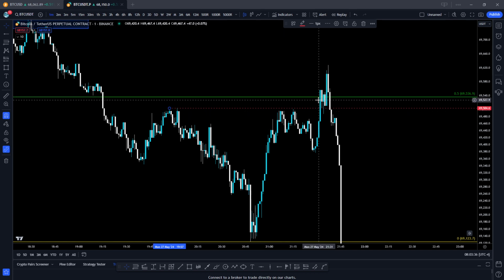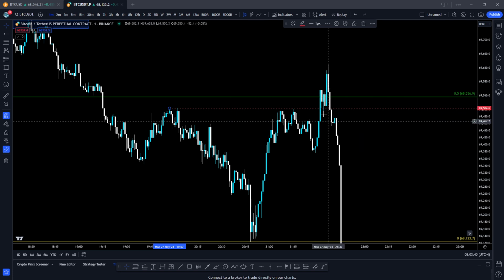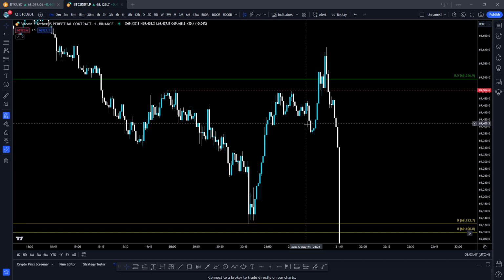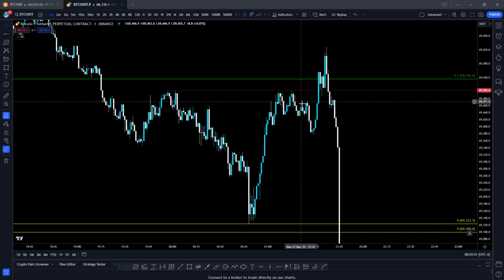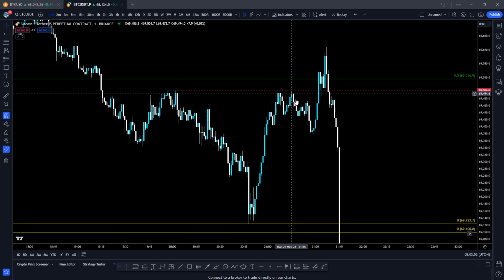So we push up and we get that shift. There's not really any time for you to get in. There might be some on the seconds chart, but we're not going to get into that. But we do have this buy side liquidity that we would expect to get taken, and we even see us come up, engineer some liquidity.